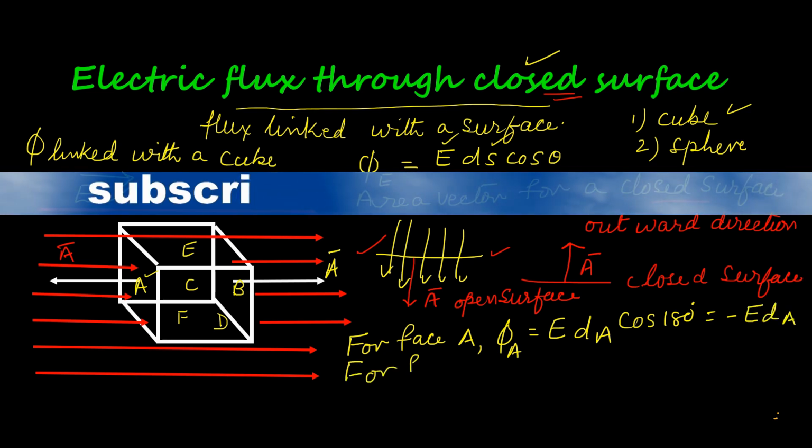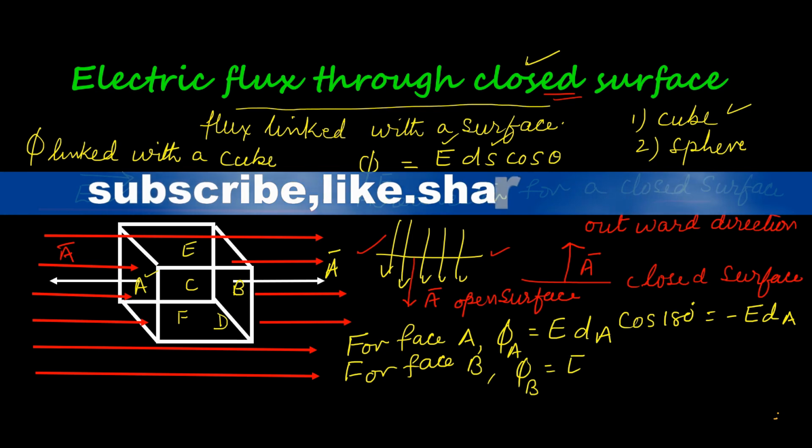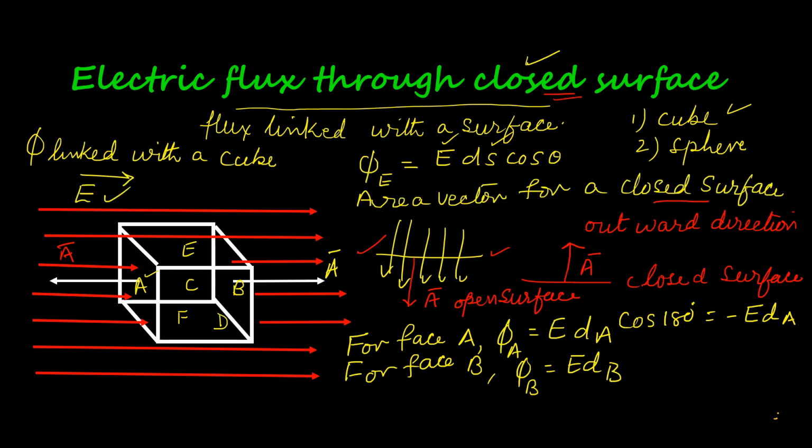Now let us see for face B. Electric flux for B is equal to E dB cos theta. Here theta is equal to 0 because the direction of electric field and that of area vector are parallel to each other. So E dB cos 0.